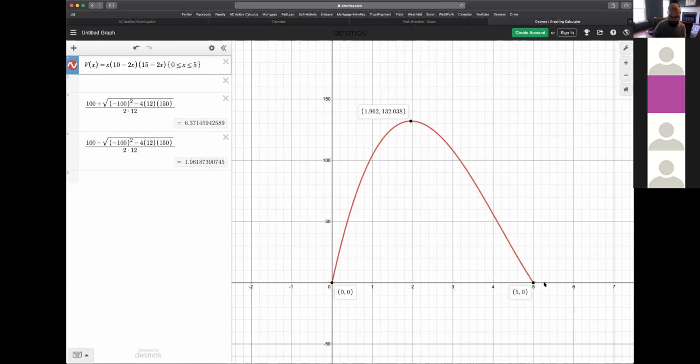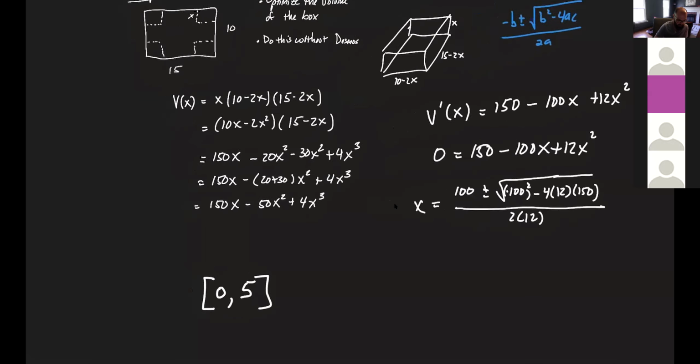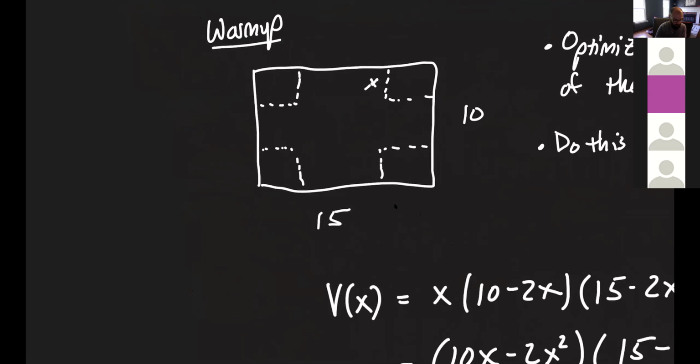The interval came from looking at the original square. If this distance here is 10, and I'm cutting away from both sides, I need something to be there in the middle. So I can't cut more than halfway down from either side.